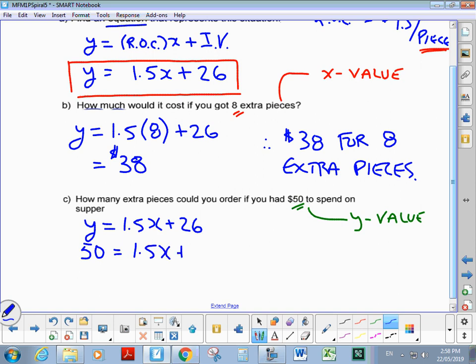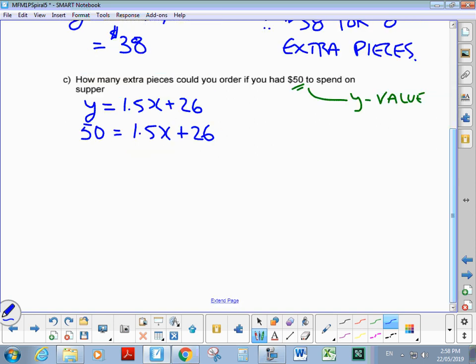And again, this is why we review or work on solving or doing algebra, is so that you can solve for x. We don't want this to be trial and error. So again, you want to isolate the x term. So we subtract 26 from both sides. So that leaves me with 24 equals 1.5x. Now we want to isolate the x term.